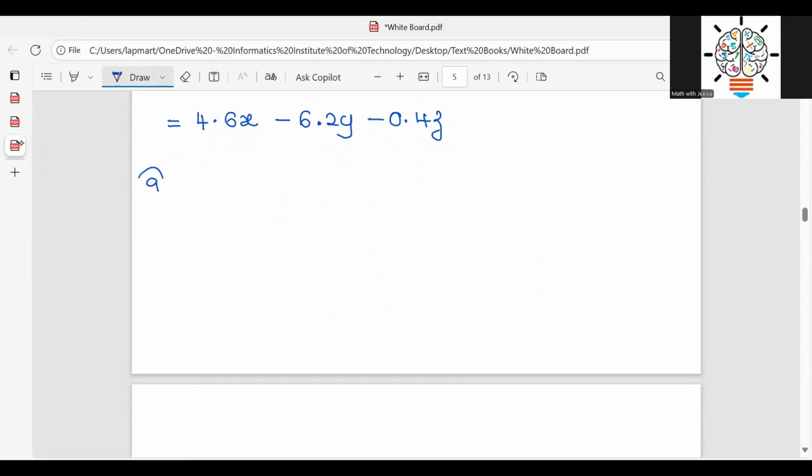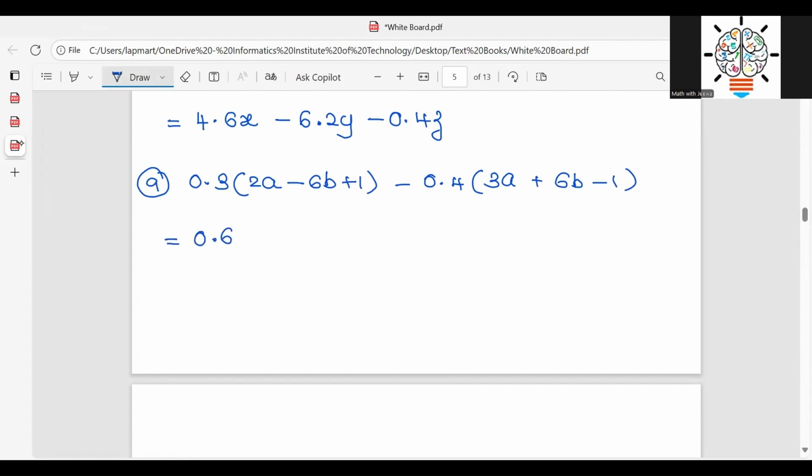Children, these steps are a little bit complicated. You want to pay your attention very well. Don't just wait for the final answer. Please look at the steps. Right, so then here 0.6a minus 1.8b plus 0.3.